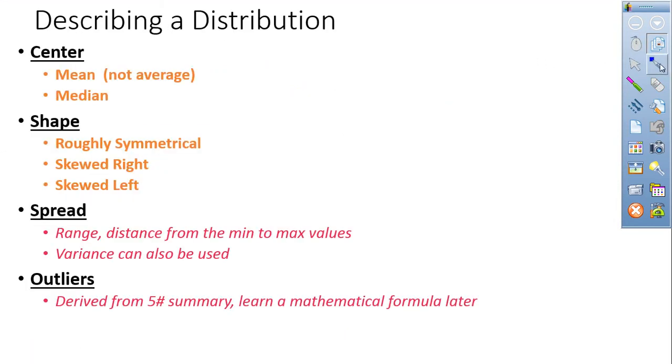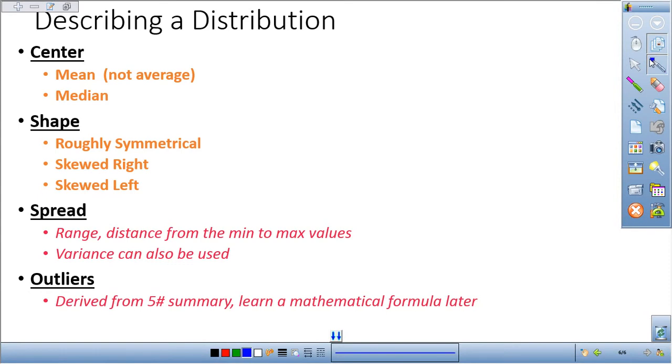Now, when it comes to describing a distribution, it's really a four-step process. We're looking at a center, we're looking at a shape, we're looking at the type of spread, and we're looking at different outliers. Now, first of all, with regard to center, we're either talking about a mean value, which is adding up all the values and dividing by the number that you have, or we're talking about the median value, which is the physical middle value when they're arranged from least to greatest.